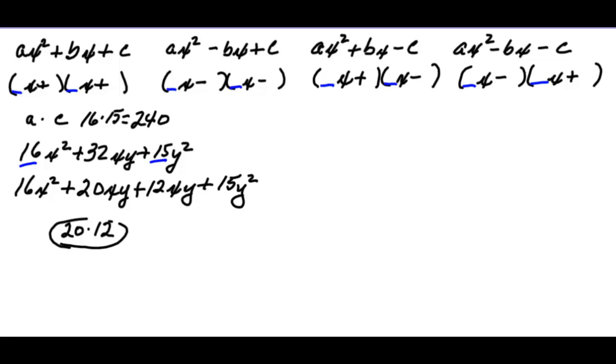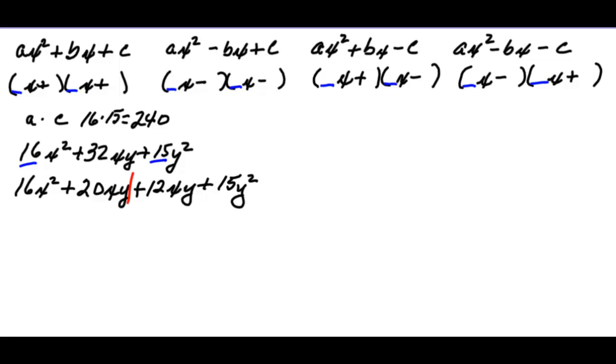All right, now I'm going to erase that 20 and 12. What I've now done is set up 4 terms, and I have those 2 terms in the middle. When combined, 20xy plus 12xy gives me my total of 32xy.